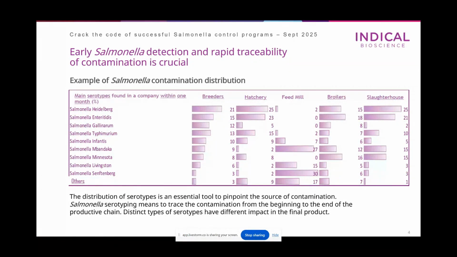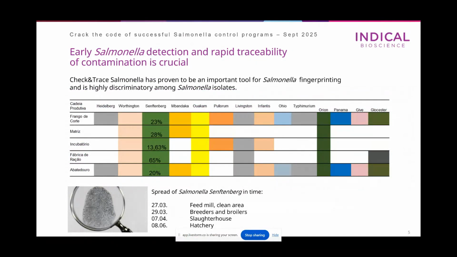Leslie? And this is another example, what I call fingerprinting. This is an example for one of our customers who was also using Check and Trace Salmonella to fingerprint what was going on in their operations.